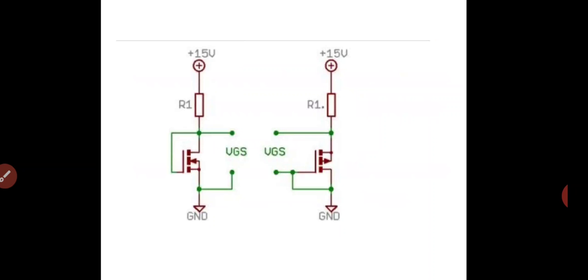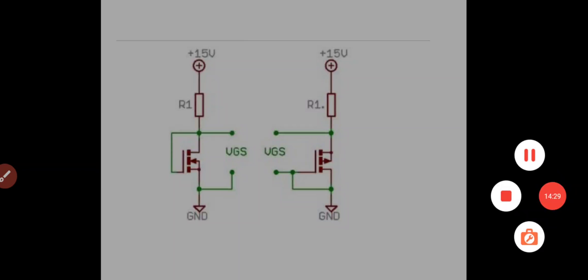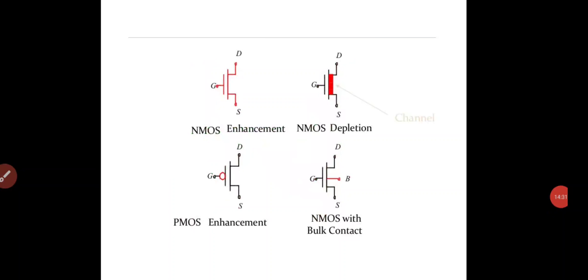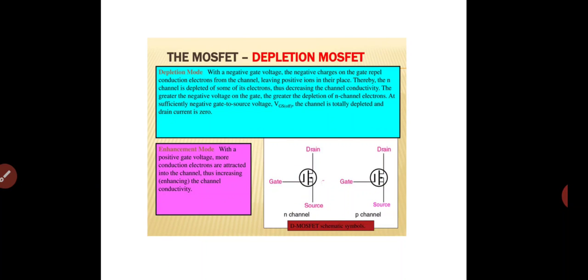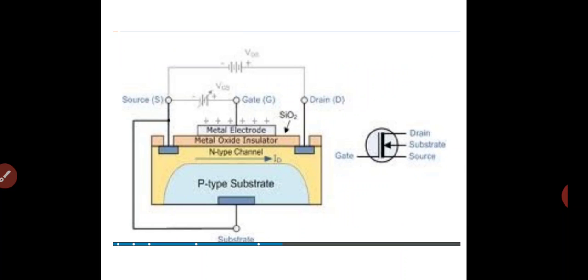So there are N channel and P channel. The channel is of two types, N channel or P channel. When there is a P channel, then the substrate is taken N type. We use P type and the channel is P type.